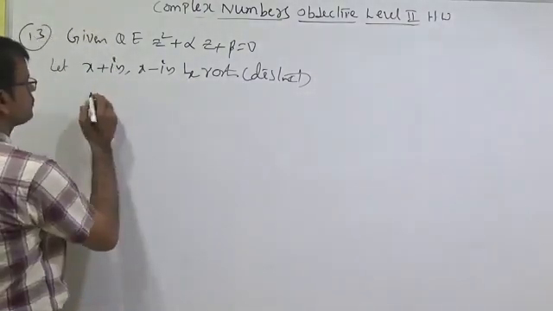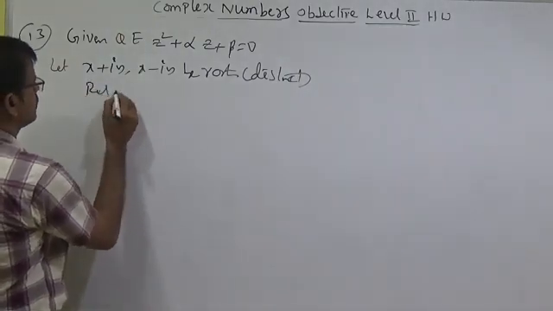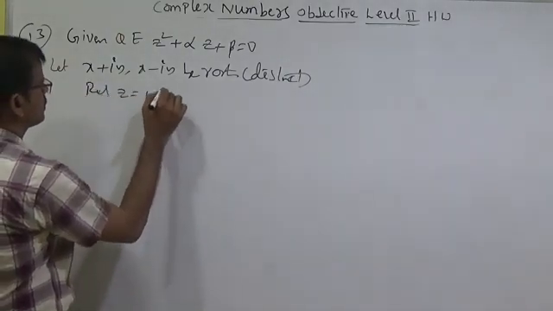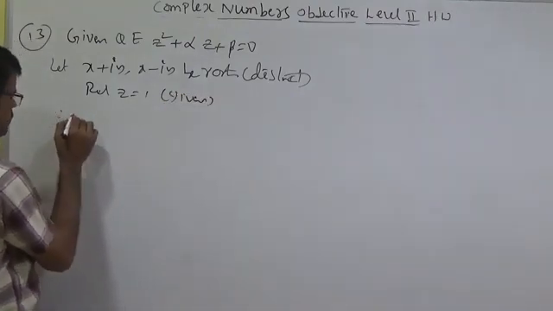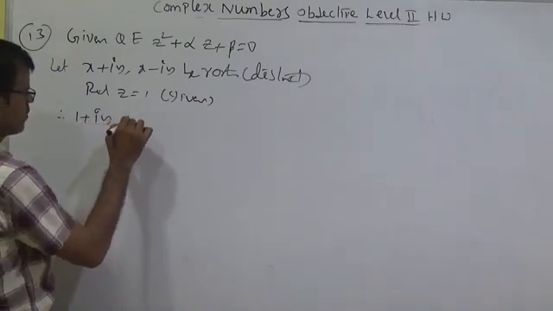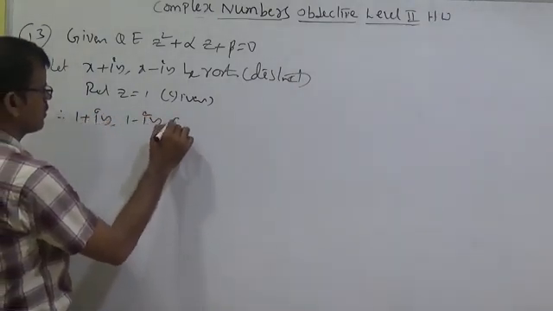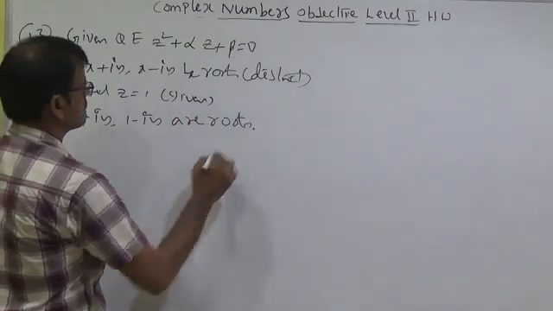Now real Z equal to 1 is also given. Read the question carefully. Therefore, you can write that 1 plus IY and 1 minus IY are roots.